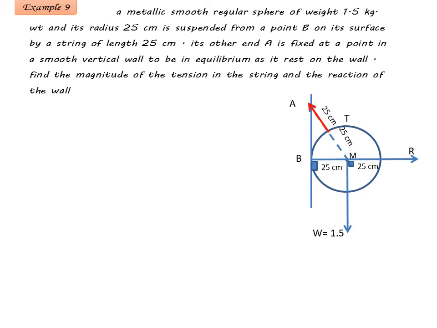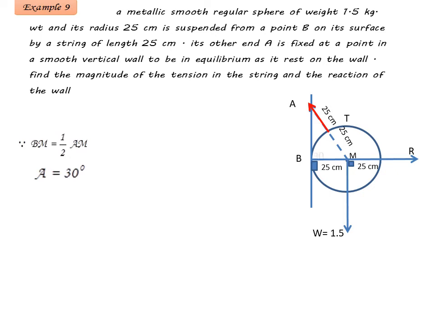Finally, we have three forces: the reaction of the wall, weight, and tension in the string. Of course, we have lengths in this question, so we are going to apply Lami's rule or triangle of forces. But here we have BM equal half AM, that means the side which is opposite to angle 30 is half the length of the hypotenuse.